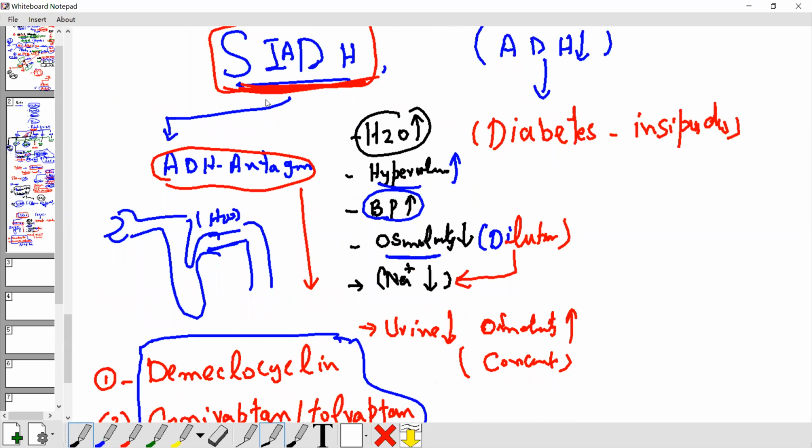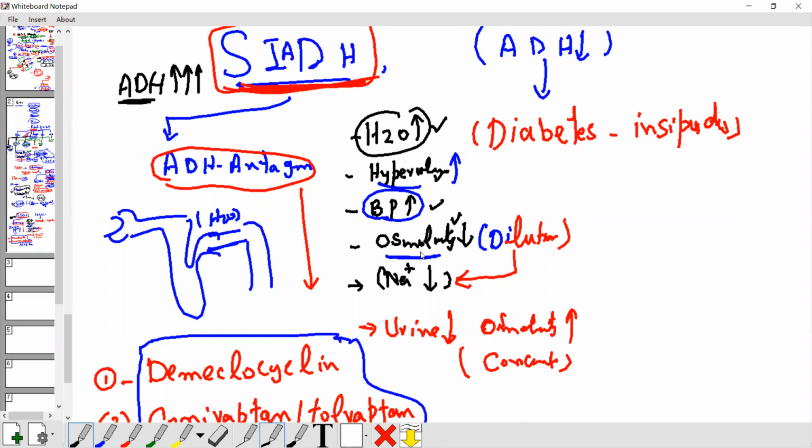What happens in SIADH? Some pathological condition, maybe some cancer inside the body, cancer cells are releasing it, like squamous cell cancer. Small cell carcinoma releases ACTH, and small cell carcinoma also releases ADH. So ADH release is too high. If ADH is too high, what is ADH doing? Water absorption, hypervolemia, more blood pressure, osmolarity decrease.